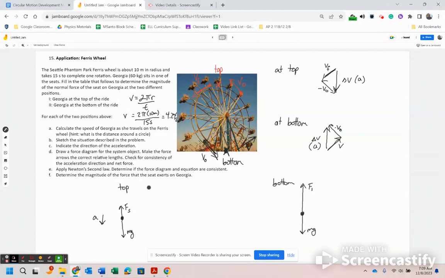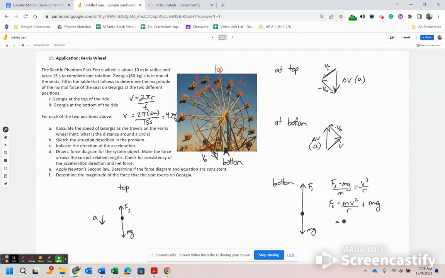So setting up Newton's second law, at the bottom, we are going to have the force of the seat minus mg over the mass is equal to our circular acceleration, so v squared over r. And then to solve for the force exerted by the seat, it is going to equal mv squared divided by r plus mg.